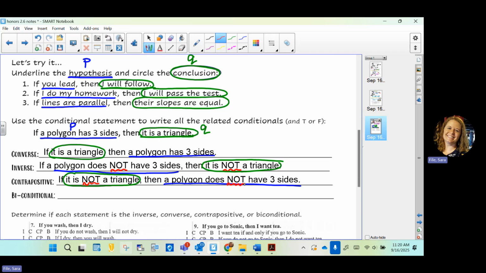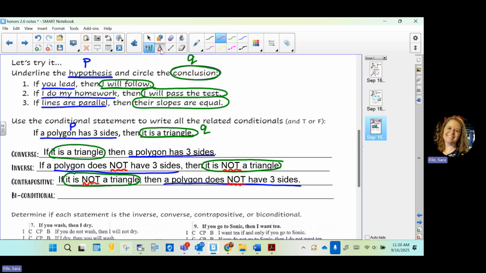Now, a biconditional can only be written if both the converse and the original conditional are true. Are both the conditional and the converse true? If a polygon has 3 sides, then it is a triangle. Is that true? Yeah. If it is a triangle, then a polygon has 3 sides. Is that true? Yes.